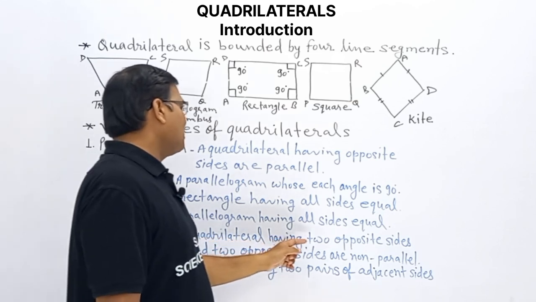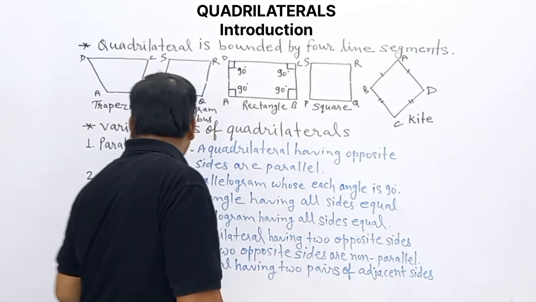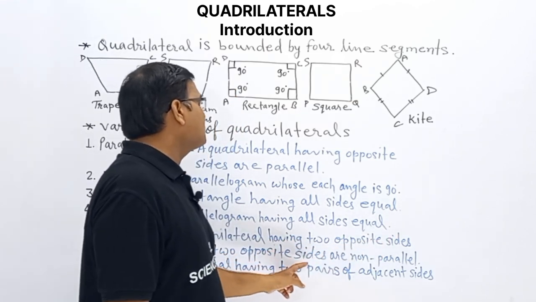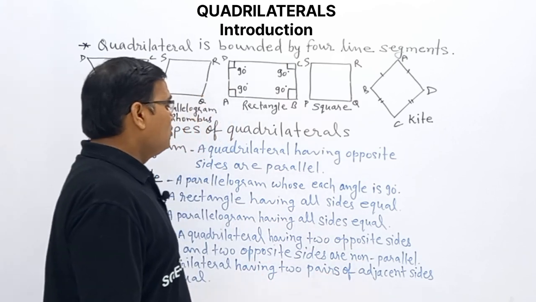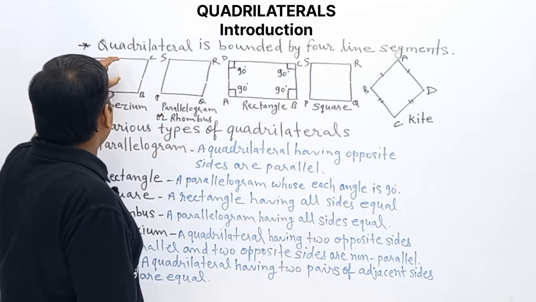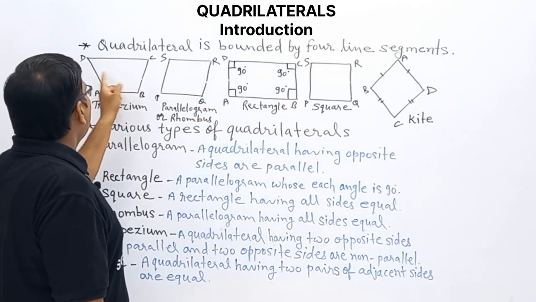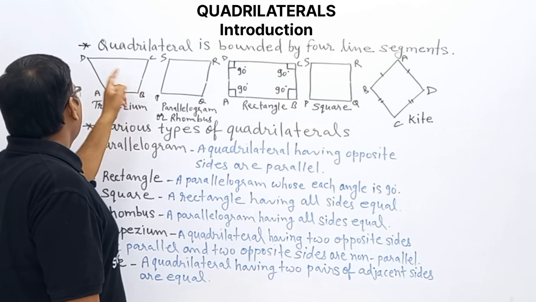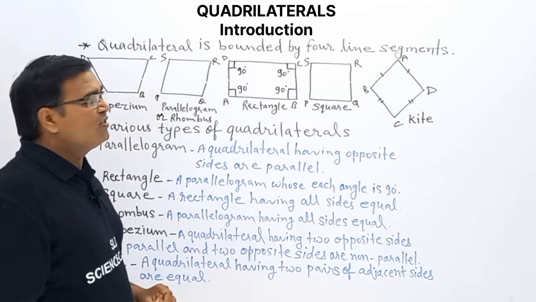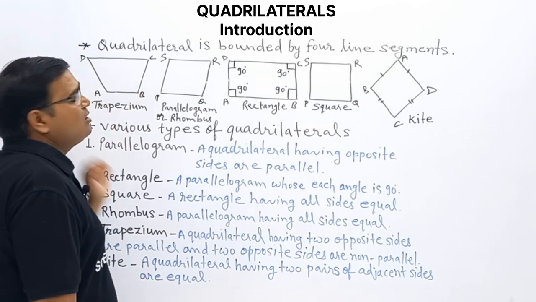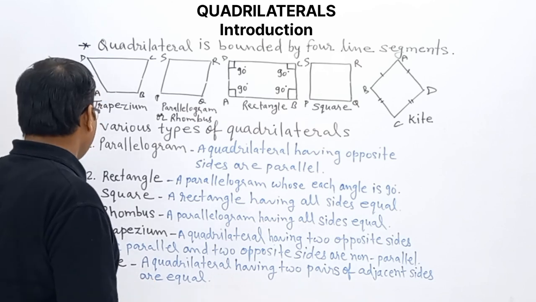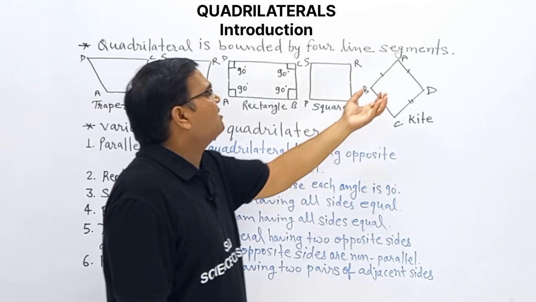So two opposite sides are parallel and one pair of opposite sides is not parallel. Then that one is called a trapezium. Clear?